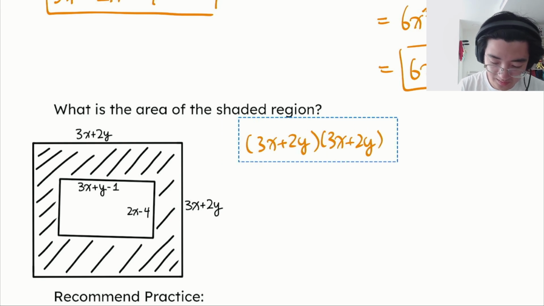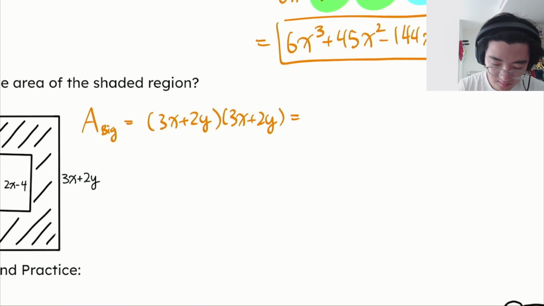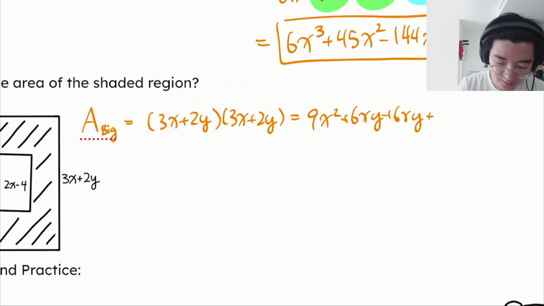Right here, let's do it separately. So area of big, right? This is 9x squared plus 6xy plus 6xy again. 2y times 2y is 4y squared.